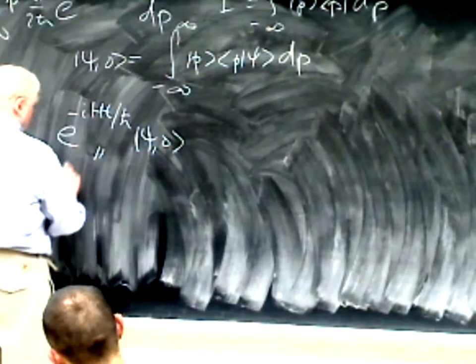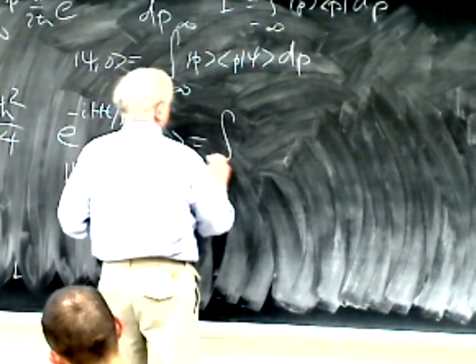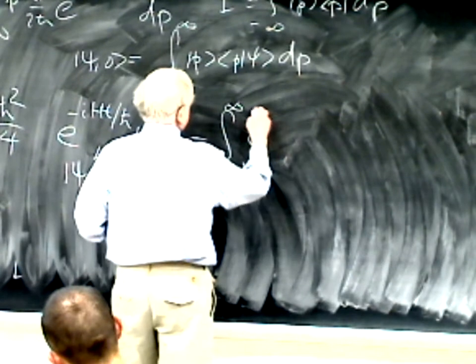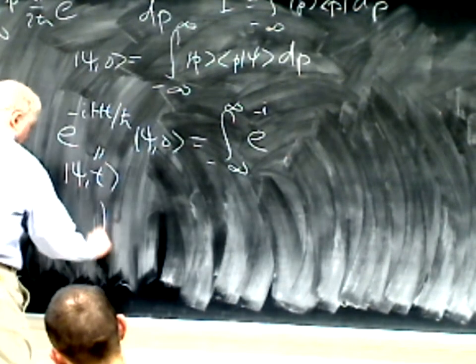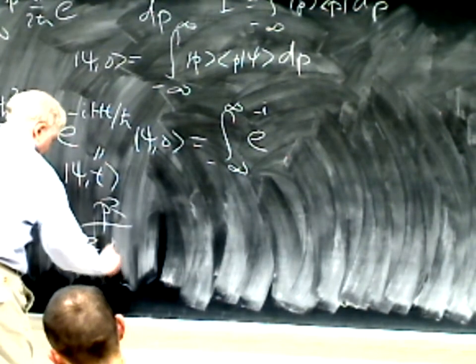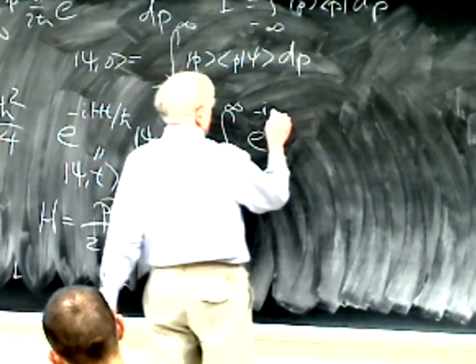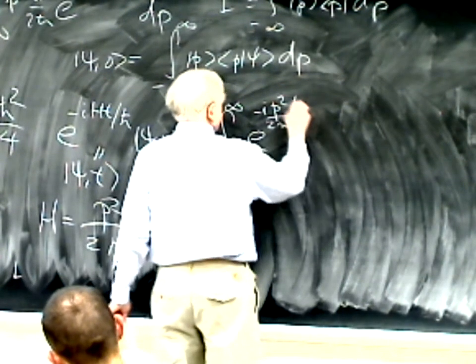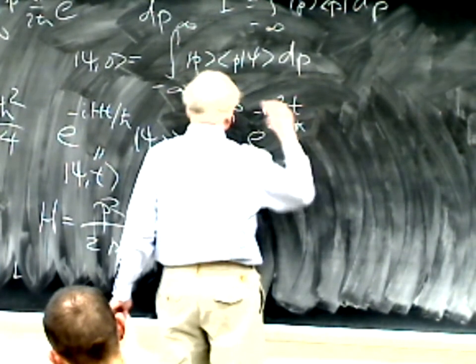So this is, in other words, psi of t, and this then is equal to the integral from minus infinity to plus infinity of e to the minus I. Now the Hamiltonian for a free non-relativistic particle of mass m is just p squared over 2m. So this is e to the minus I p squared over 2m t over h bar.